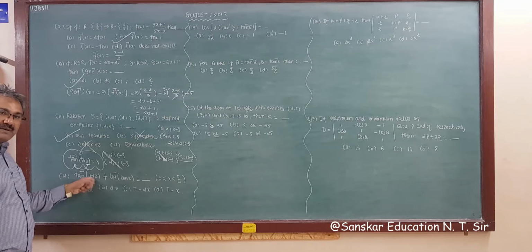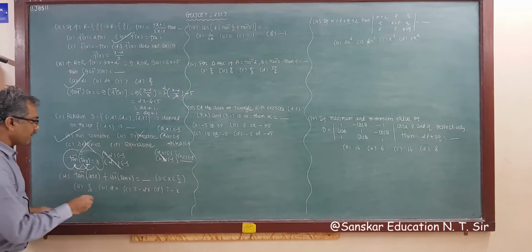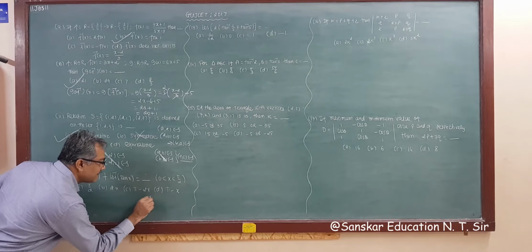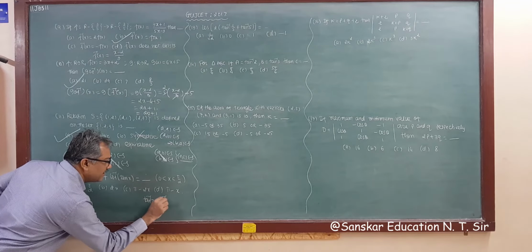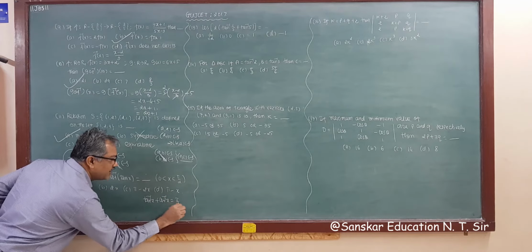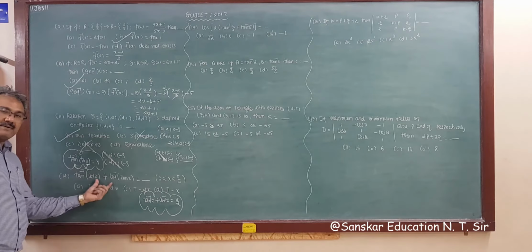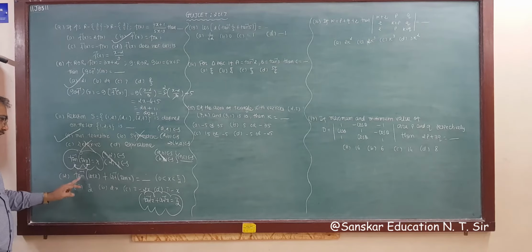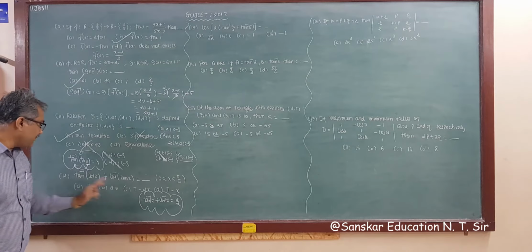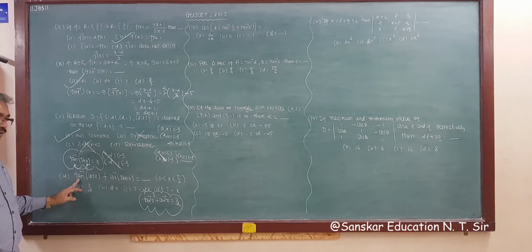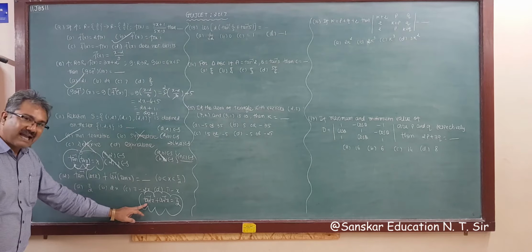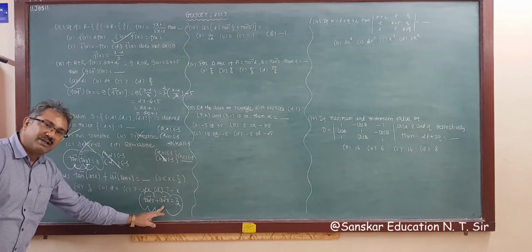So here is cot inverse, here is tan inverse. And you have one formula: tan inverse x plus cot inverse x is equal to pi by 2. So this is your standard formula for this example. Now tan inverse cot x: you have to change this into cot. So tan inverse x is pi by 2 minus cot inverse x.